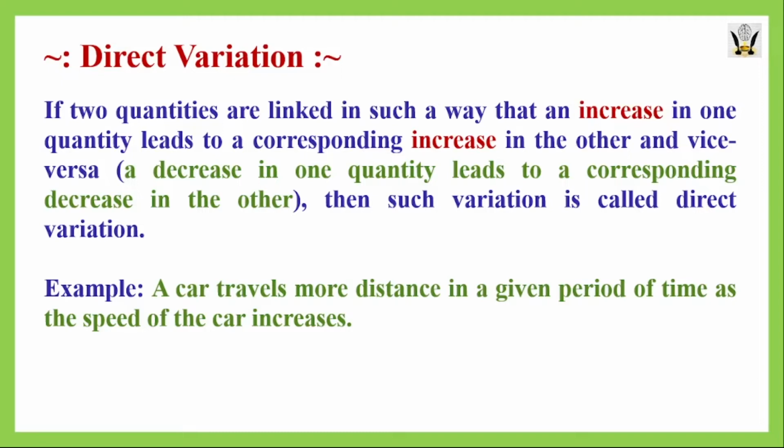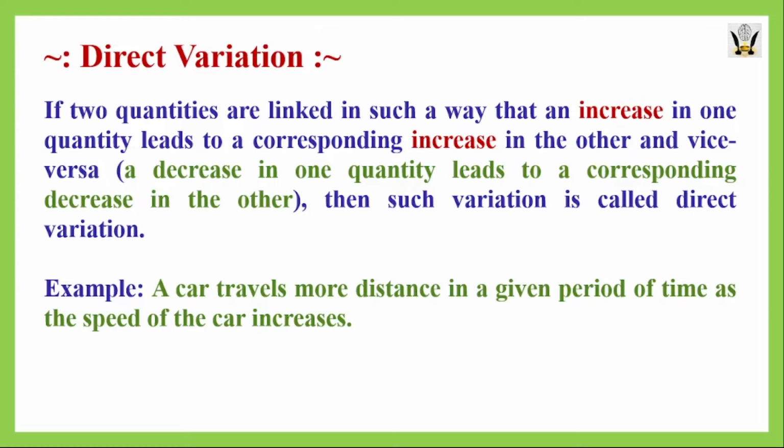As another example, we know that when a car travels, it travels with a speed. That speed may remain constant, or it may increase or decrease, and within a given period of time it travels some distance. Now suppose we increase the speed of the car, what will happen?